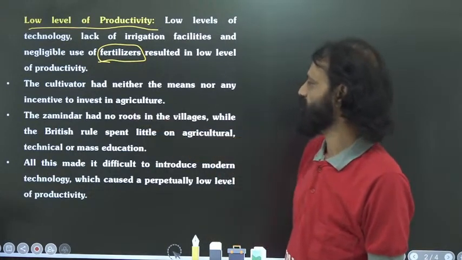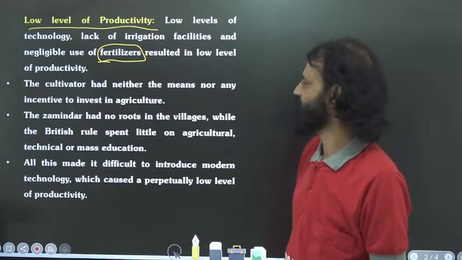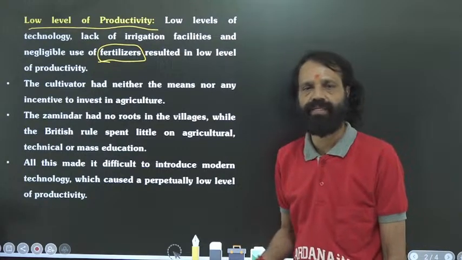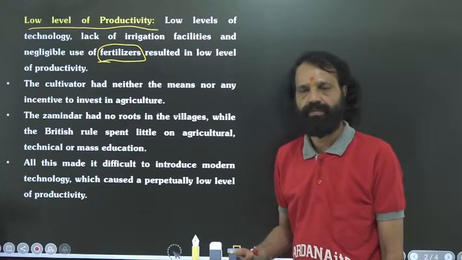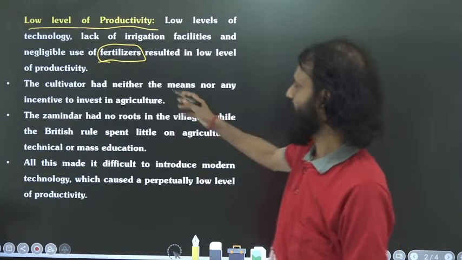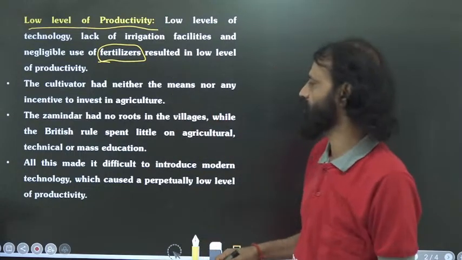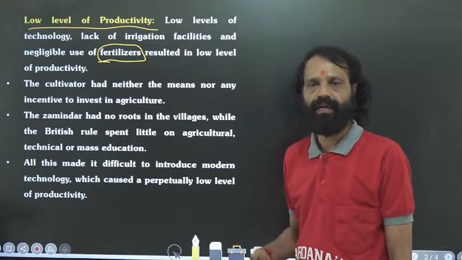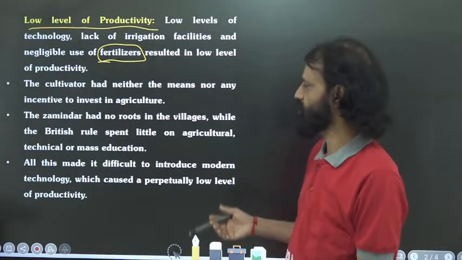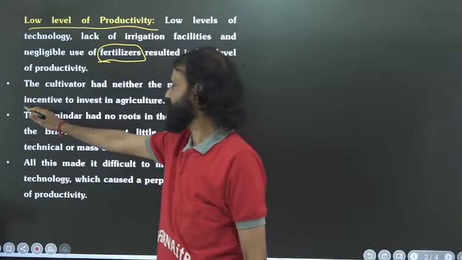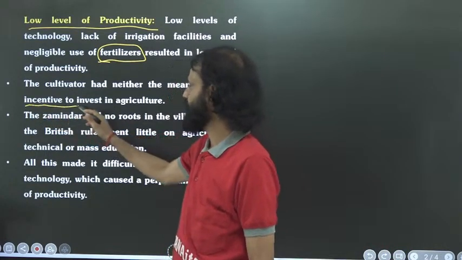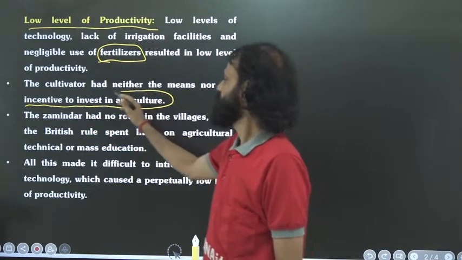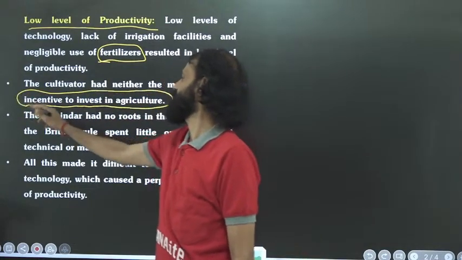There was not enough money to do more cultivation. Okay, they were suffering. They also had a lack of investment. So in the field of agriculture, there was no high level of productivity. So this point you also need to remember. Britishers didn't give any incentive to invest in agriculture.